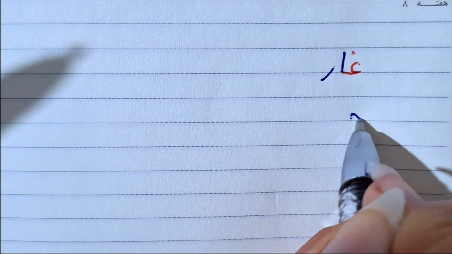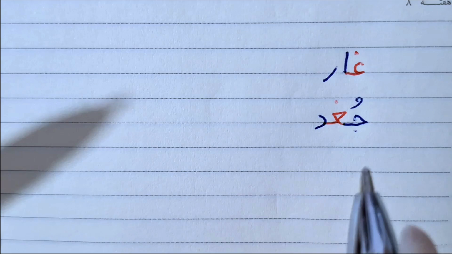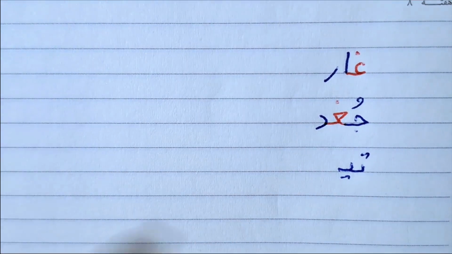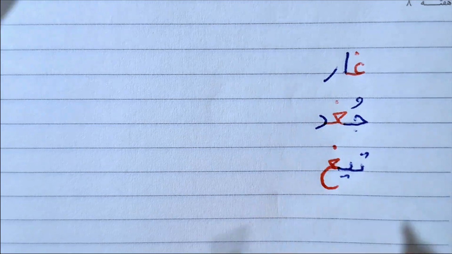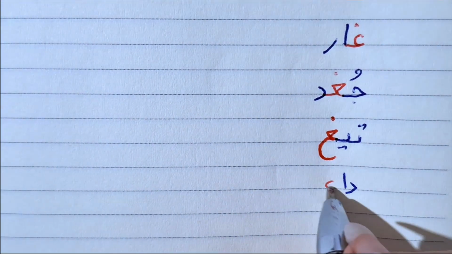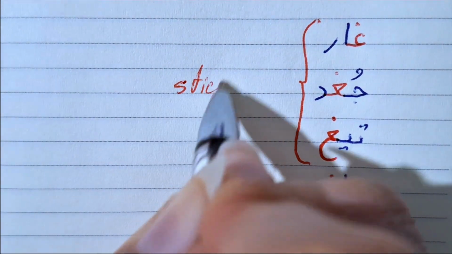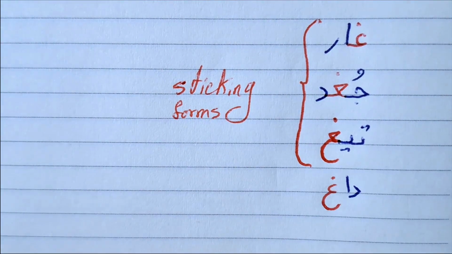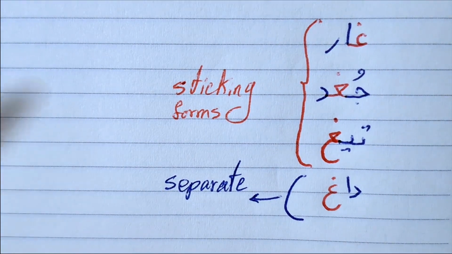Let's bring all kinds of G together here, like the initial G in ghar, the middle one in jogd, and the final one in tigh. These are all the sticking forms of G, and here we have the only separate form of G, which comes at the end, like in dagh. So these are the sticking forms, and this one which comes only at the end is the separate form.